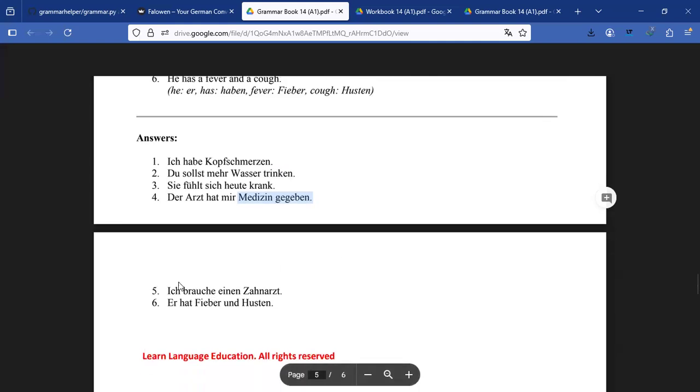Number five, ich brauche einen Zahnarzt. So I need a dentist. And number six is er hat Fieber und Husten. So he's having fever and cough.